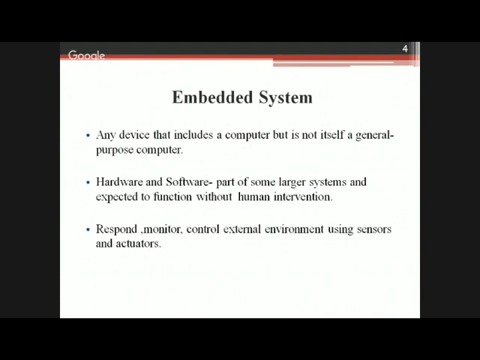And the most important thing is that the embedded system processes instructions in order to control the electromechanical equipment. This is the most important word. When I say electromechanical, I'm talking about both the electrical and the mechanical processes on a single chip.